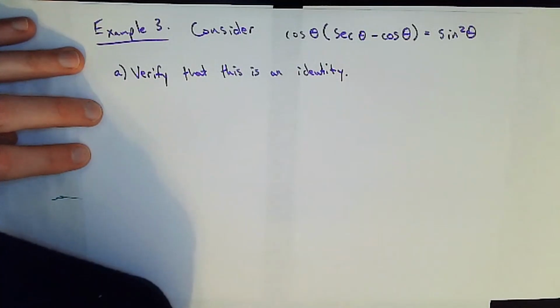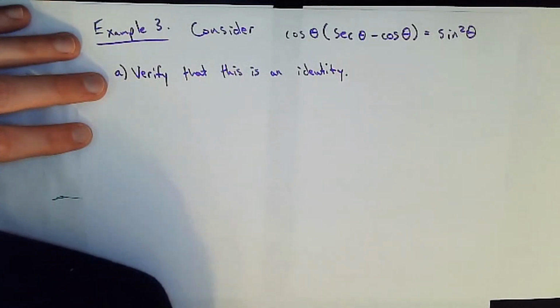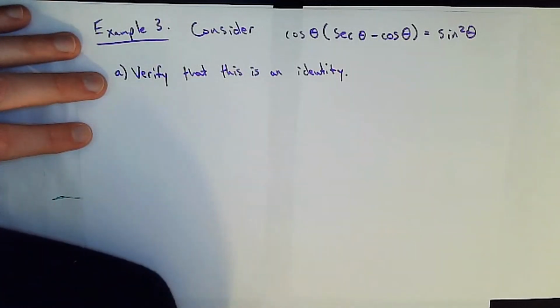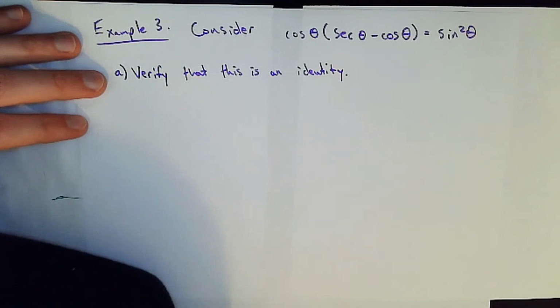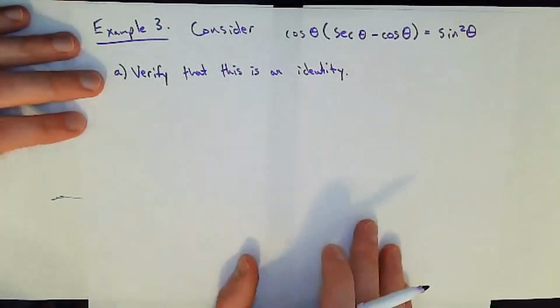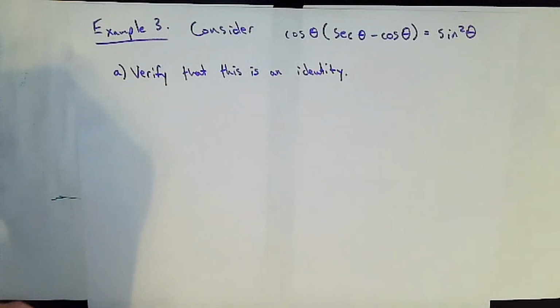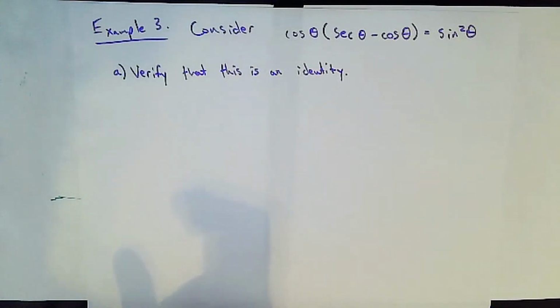I'm following the example in the book. Part A says to verify algebraically, which is what we're going to do. Part B says to verify graphically. That means literally plug it into Desmos. I guess I could do that too. But really, part A is the point of this example.